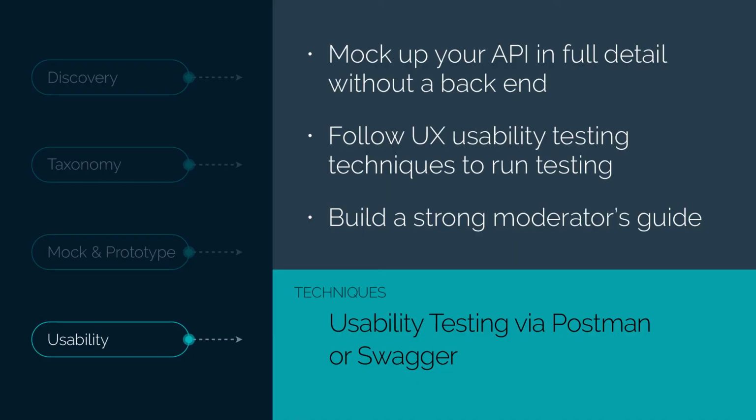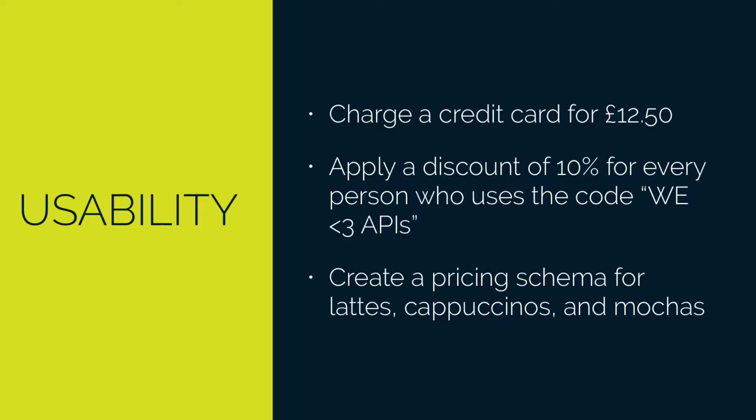You use standard UX usability testing strategies at this point, and a moderator's guide is really important. For this, the best thing you can do, Postman, Swagger, pick your tool of choice, is stub out the entire thing. Type it all up, have it there in a documentation format, and use that. But again, still no back end, because you're still going to be making a lot of changes and learning things at this phase.